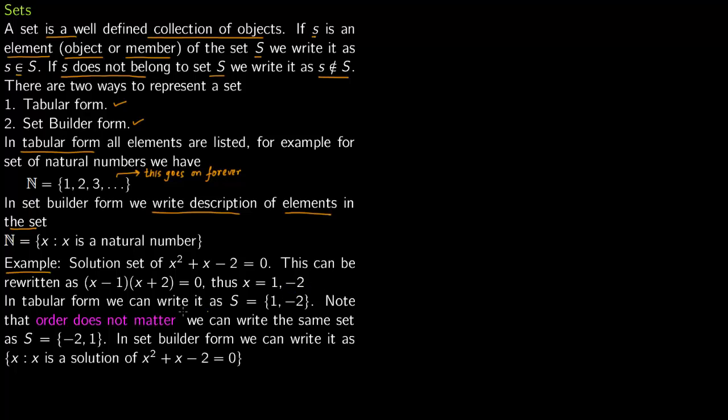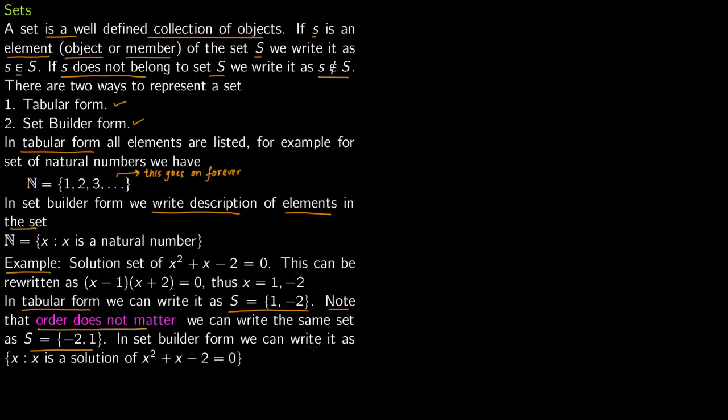So in tabular form, we can write it as S equals {1, minus 2}. You could also write it as {minus 2, 1}. Note that the order does not matter. It does not matter what order you follow.